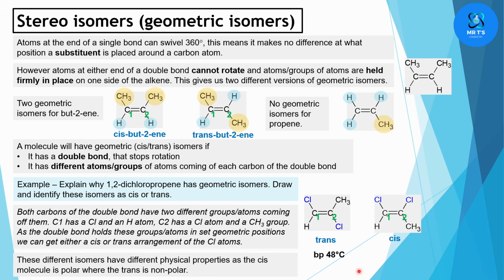The boiling point of the trans one is 48 degrees Celsius, whereas the cis one, because it's polar and will have slightly stronger intermolecular attractions, has a higher boiling point. So that's one of the important reasons we want to know whether it's a cis or a trans geometric isomer.